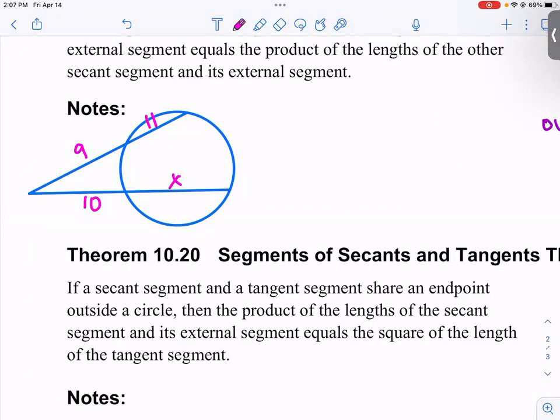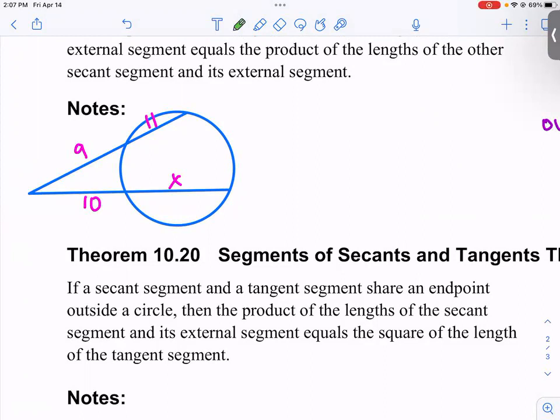Almost. Do you have a question? I'm waiting for you. Well, is it 9 plus 11 equals 10 plus x? Not quite.